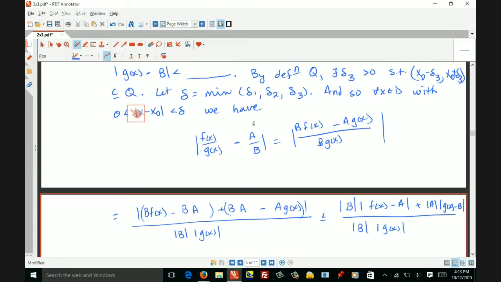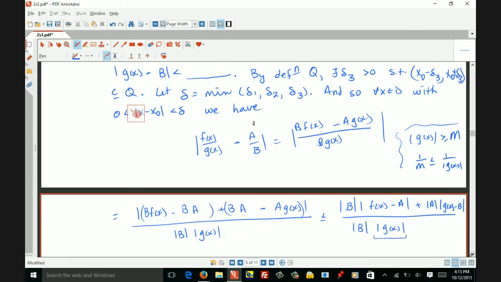Now, this is going to be right here. We had our absolute value of g of x greater than or equal to m. That says that 1 over m is going to be less than or equal to 1 over the absolute value of g of x, right? So I can take care of this guy right here.